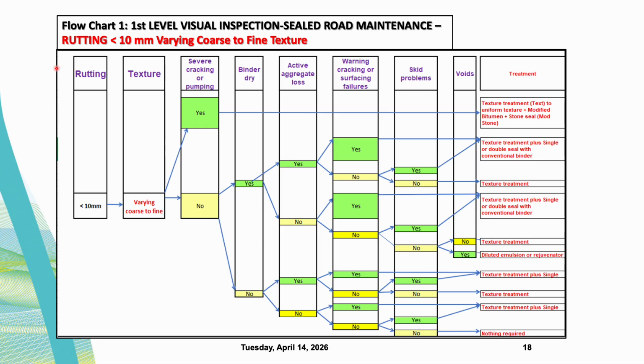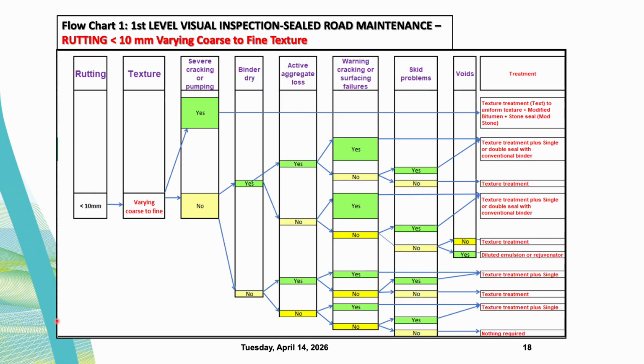So it's basically setting up in a way which defines the problem and then the treatment that you can do for that problem depending on the conditions that you see visually on the road and can be quantified, like rutting.